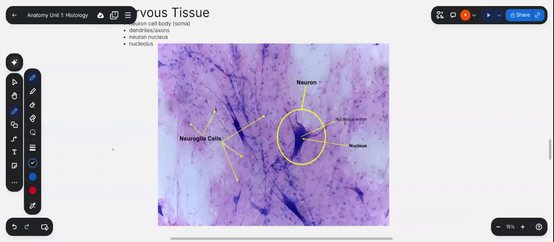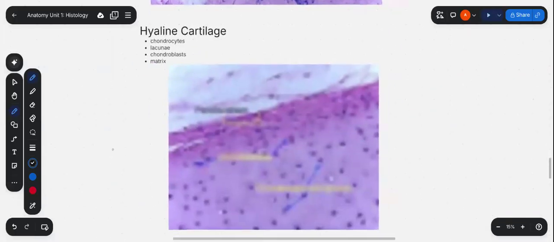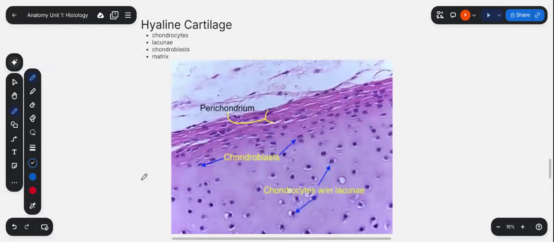Next, we are going to move on to hyaline cartilage. Hyaline cartilage is really cool to me, at least. It kind of looks like tons of little Tide Pods before they have been completely developed. So it's really, really cool to look at. First, you have your chondrocytes.